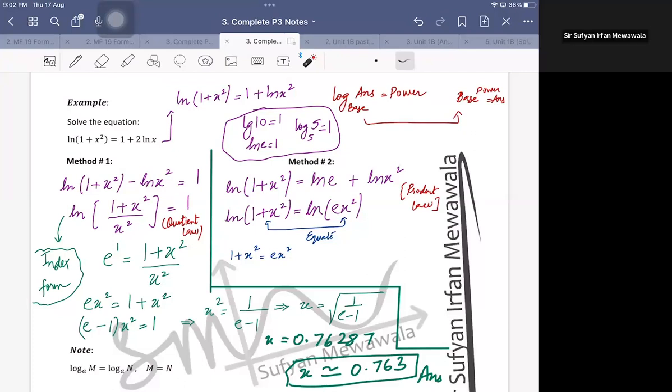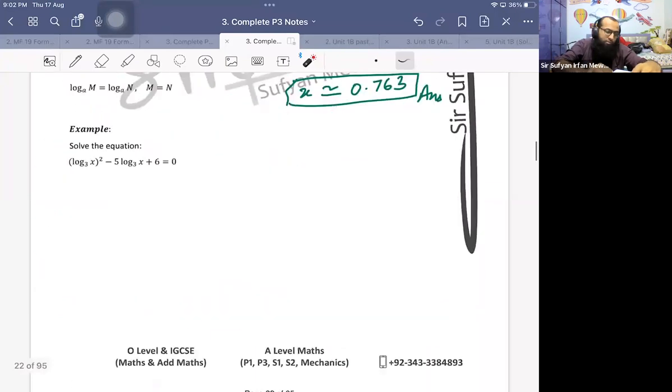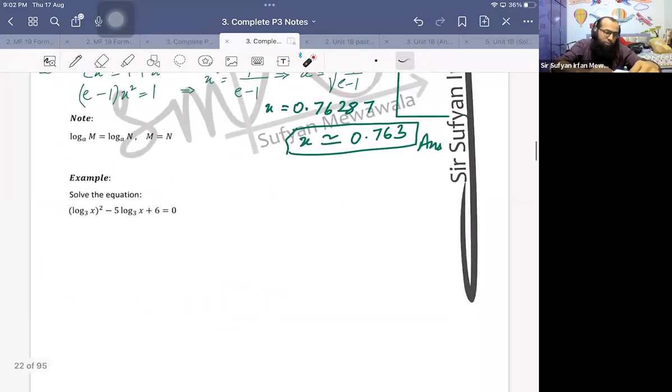All right, so you are done, right? Moving forward, this node is also clear.